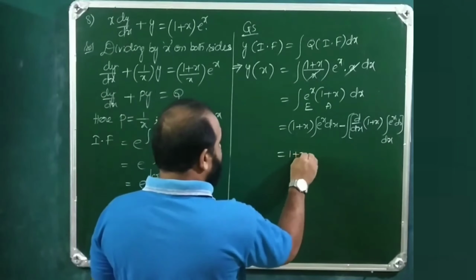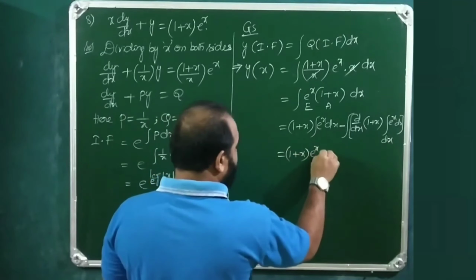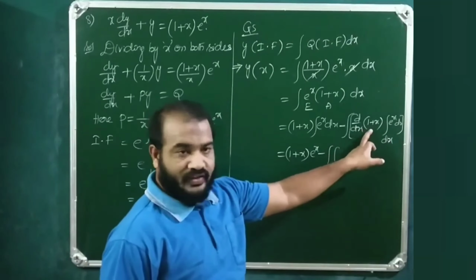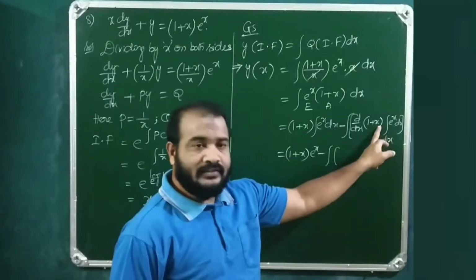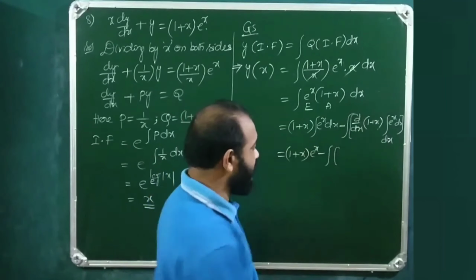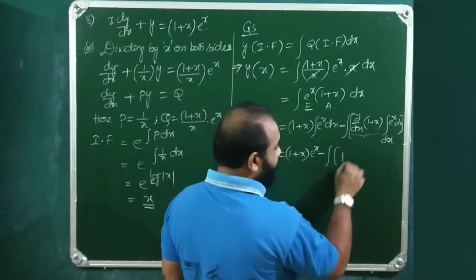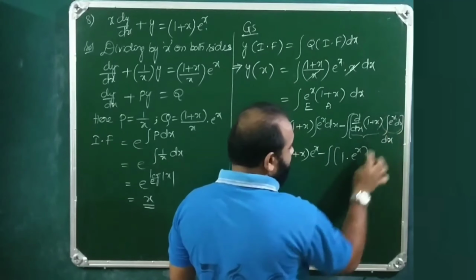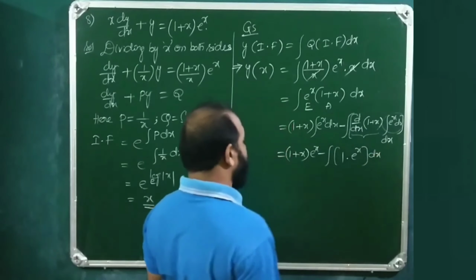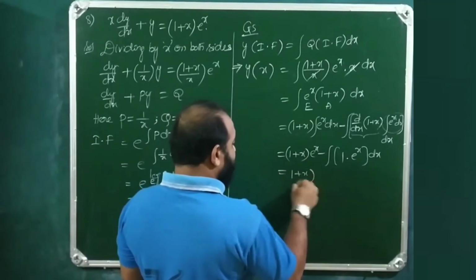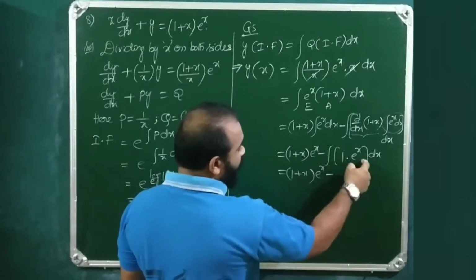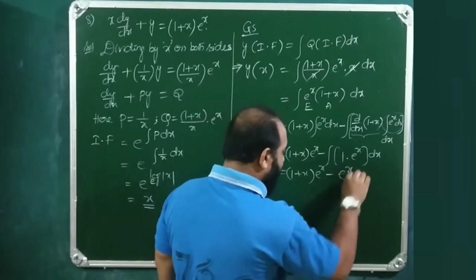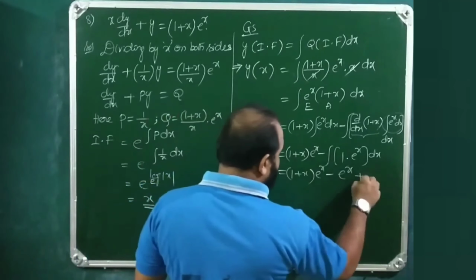So this equals (1 plus x) into integral e power x dx, which is e power x, minus integral of d by dx of (1 plus x). D by dx of 1 is 0 plus d by dx of x is 1, so this is 1, into integral e power x dx, which is e power x. This gives (1 plus x) e power x minus 1 into e power x, integral e power x dx is e power x, plus constant of integration c.